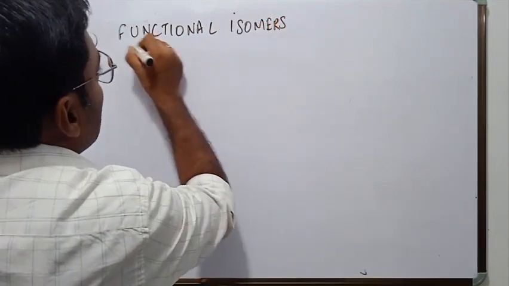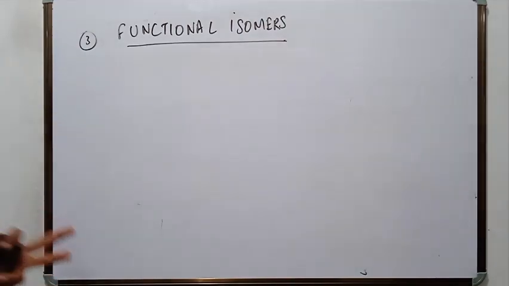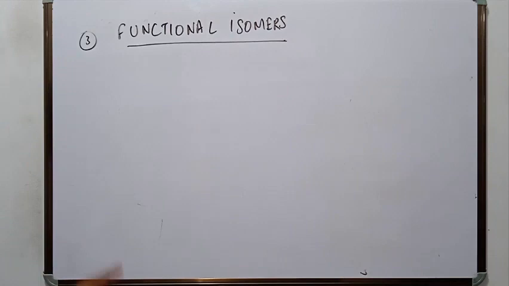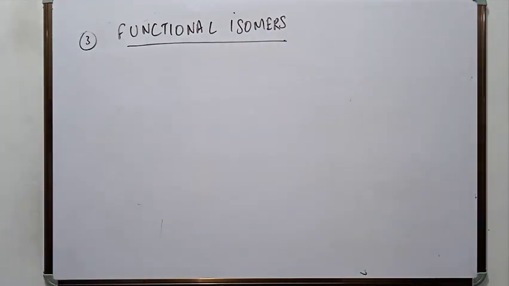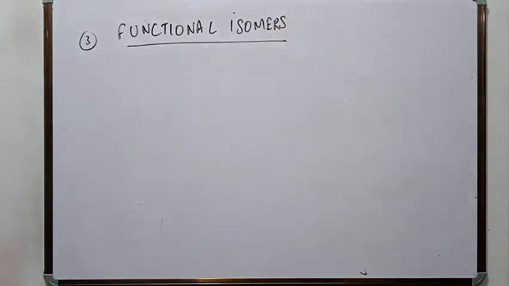So functional isomers are isomers that are having different functional groups altogether. Their molecular formula is same, but they are having different functional groups. That is called as functional isomer. Or they are isomers that belong to different class of compounds. You can also say like that.